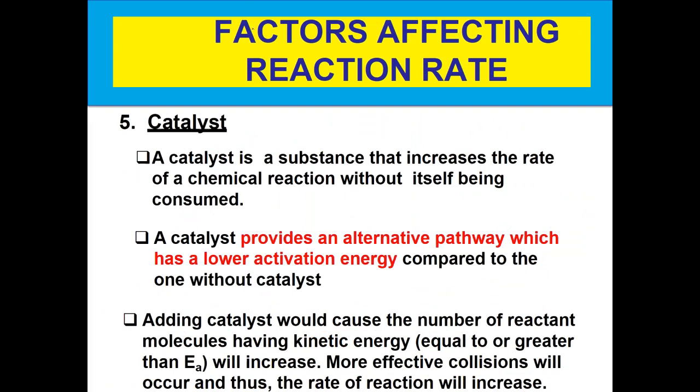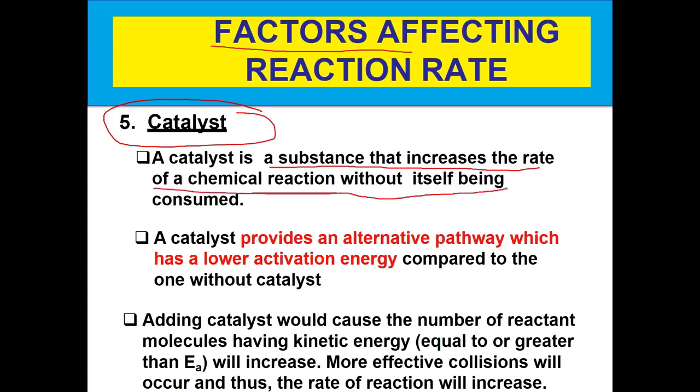Okay, the last factor affecting the reaction rate is the catalyst. What is a catalyst? Basically, a catalyst is a substance that increases the rate of a chemical reaction without being consumed.